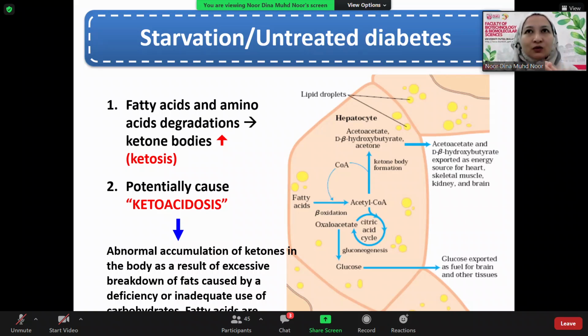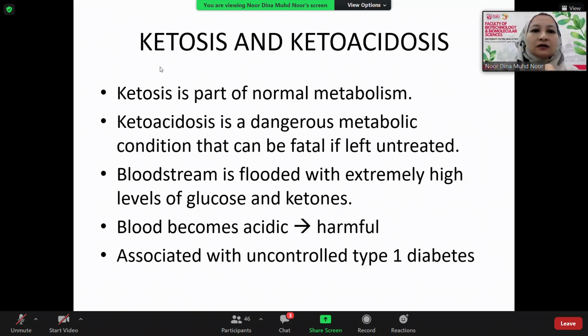Because the insulin is really resistant, dah tak boleh bagi signal untuk menukarkan glucose kepada energy. Okay. Ketosis is normal, but then ketoacidosis is dangerous.